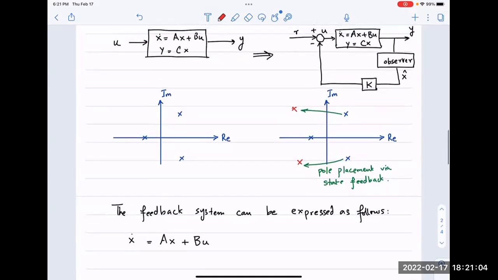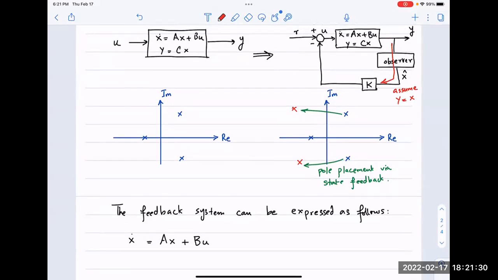Let's just assume y equals x, so that's one possibility where your output is just the state. In that case, you can directly use it as the feedback. It's just to make things simple and not to involve the x hat right now.